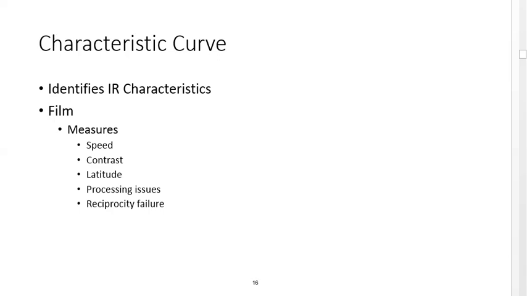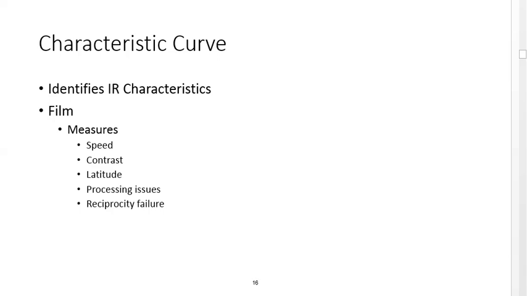Base plus fog being base density, which is a blue tint that I was talking about on Friday, and the fog that's inherent in putting the emulsion or the active layer of the film onto that base. So it's always there. So 1.0 plus base plus fog is a speed. So when comparing two H&D curves, the one that's closest to the vertical axis at 1.0 plus base plus fog is your faster film.